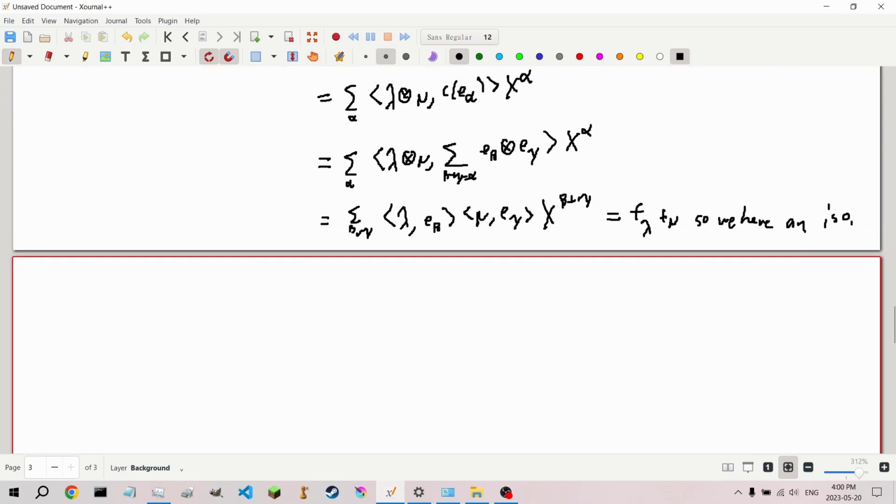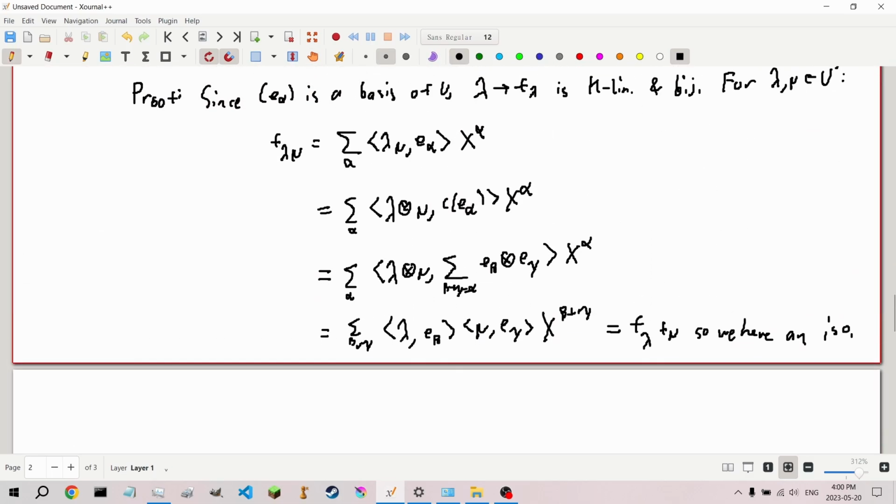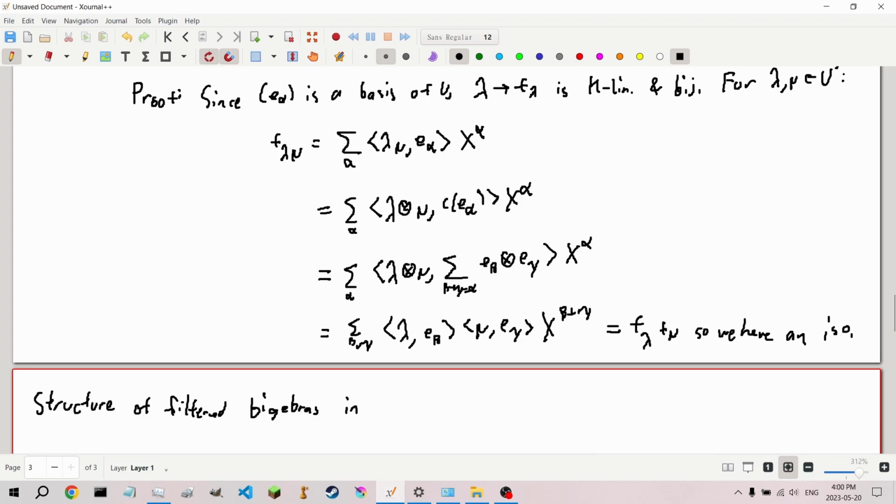So we're also going to look at the structure of filtered bigebras in characteristic 0. So once again, we're working over a field of characteristic 0.